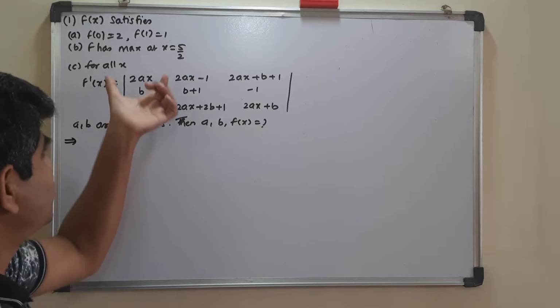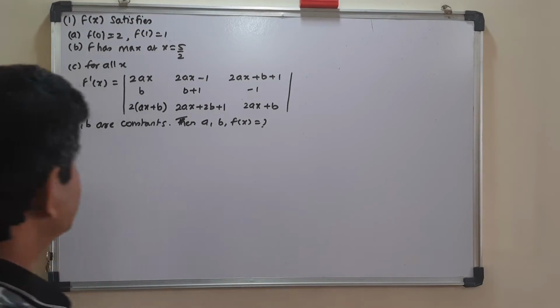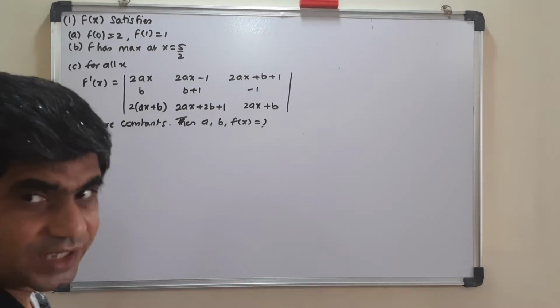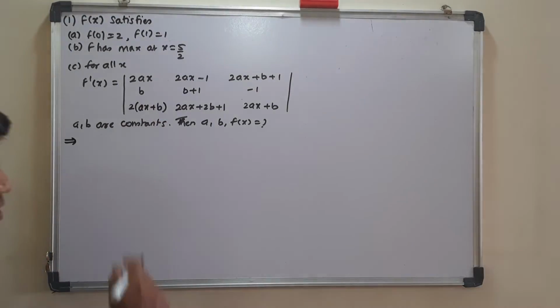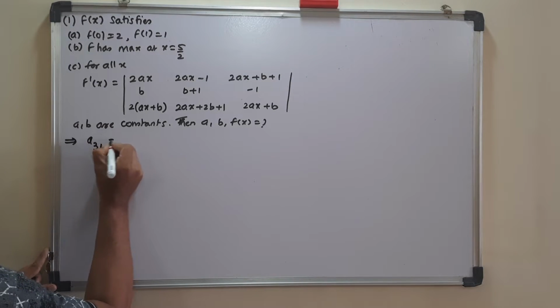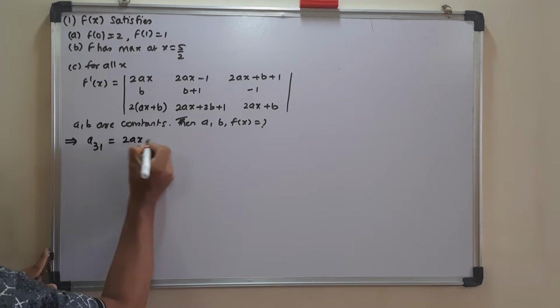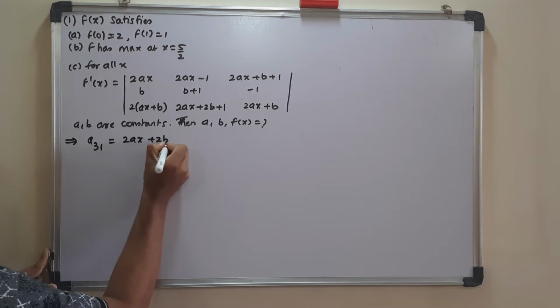So I will think only of one column first, and then I will think what happens in this. That means row 3, if I see here, that is the element A31, third row and first column, is your 2ax plus 2b.